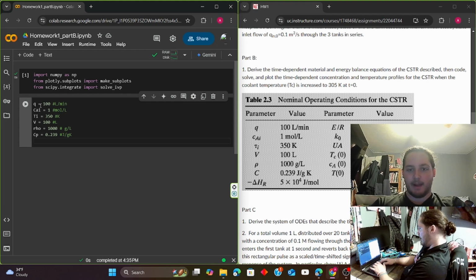And then our heat of reaction value here is given to us negated, so we can go ahead and just define our heat of reaction variable as the negative heat of reaction. And then that is equal to 5e4, and that is joules per mole.